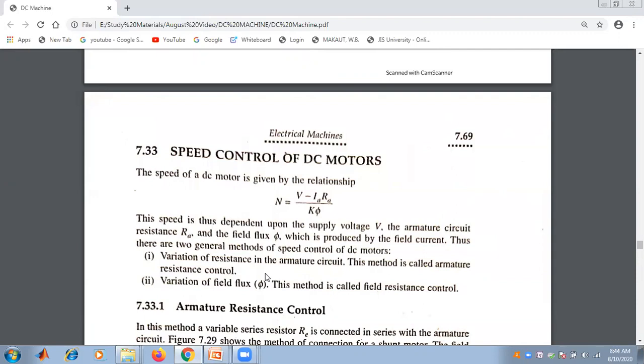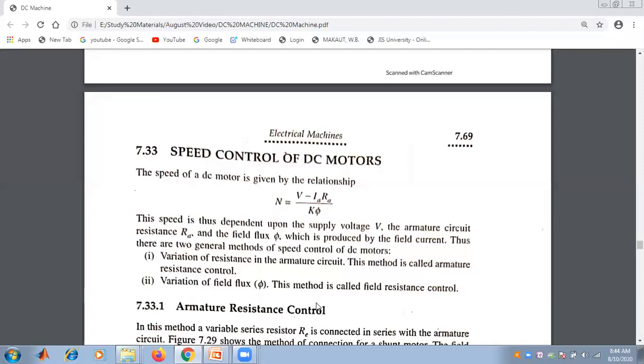Thus, there are two general methods of speed control of DC motors. One is variation of resistance in the armature circuit. This method is called armature resistance control.